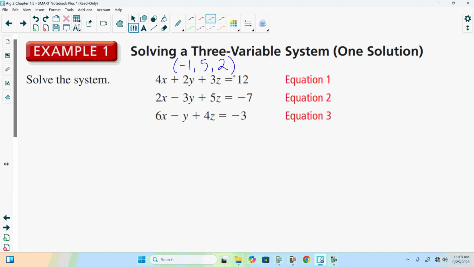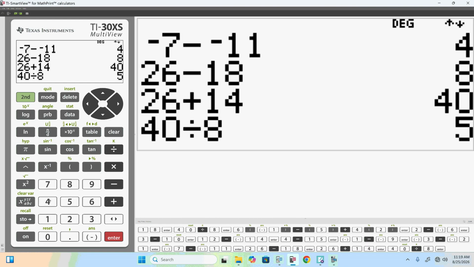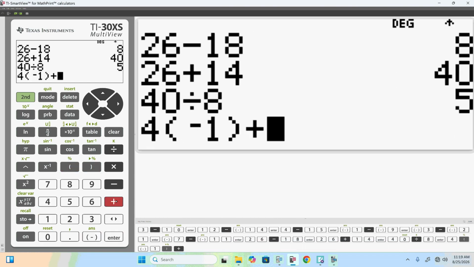Because if this is the solution, I can take that ordered triplet and plug it in. 4 times negative 1 plus 2 times 5 plus 3 times 2. And if this is a solution, it should give me a value of 12.